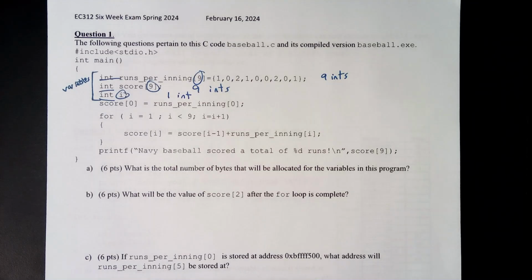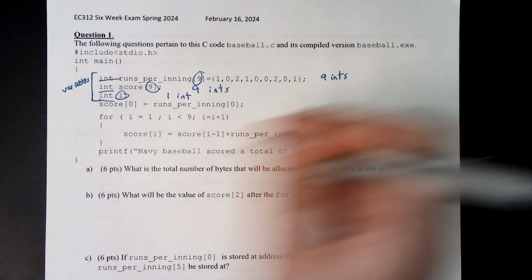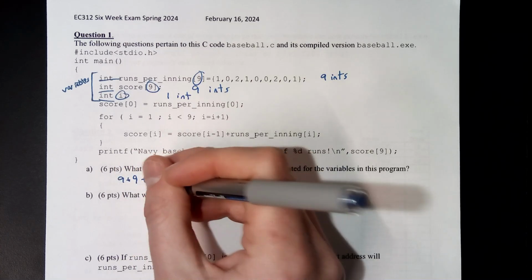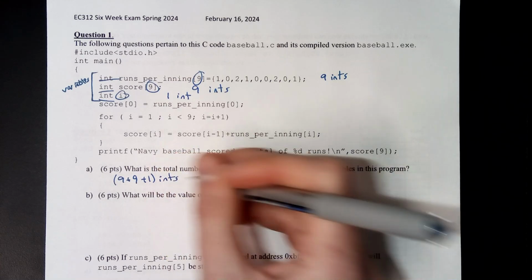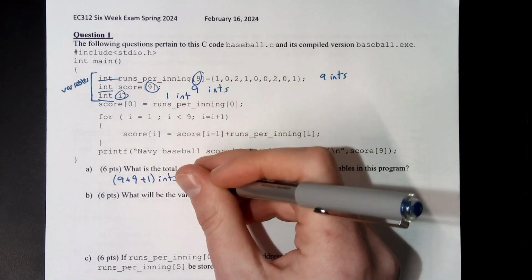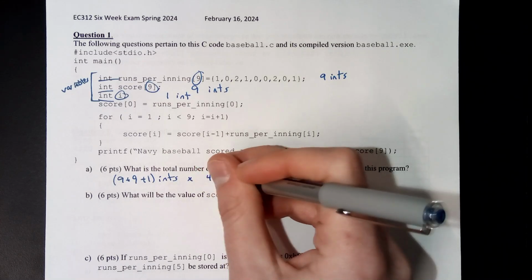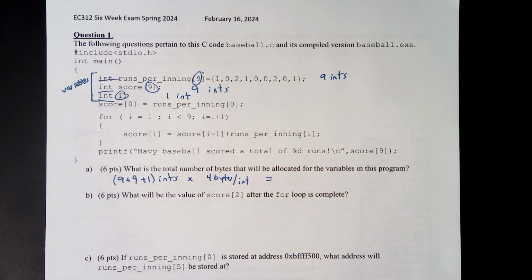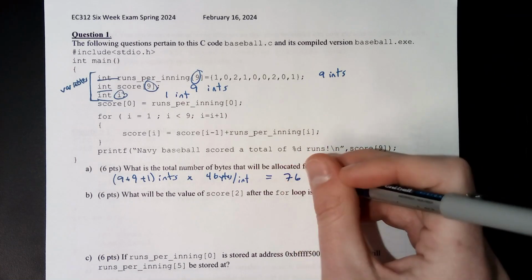So in total, we've got 9 plus 9 plus 1 ints, and ints are 4 bytes per int, so this should be 19 times 4, and that should give us 76 bytes total.